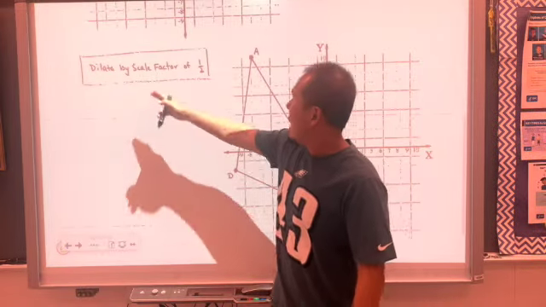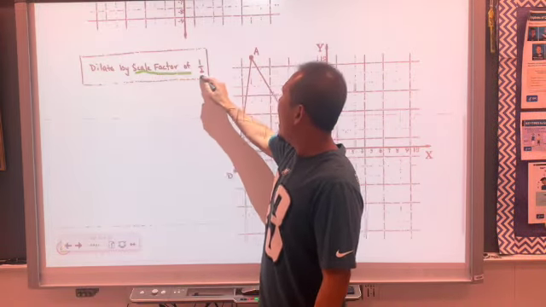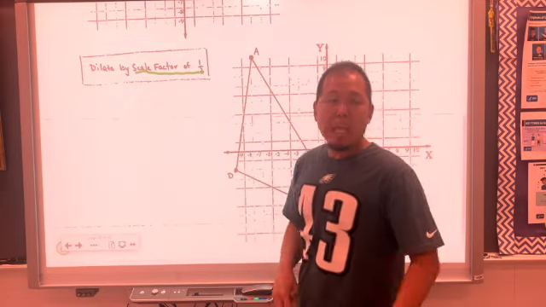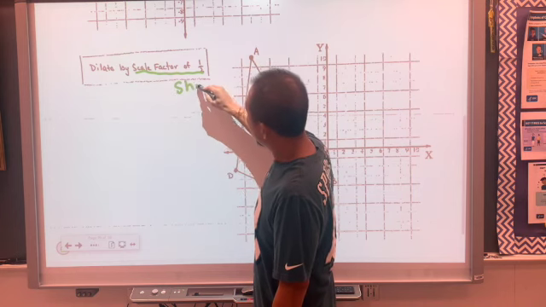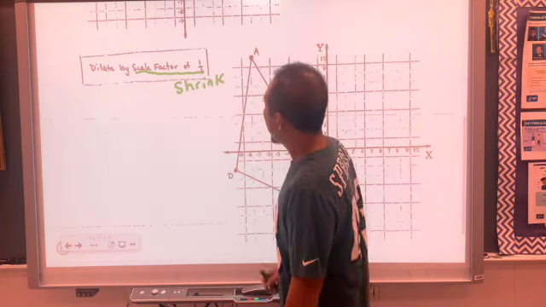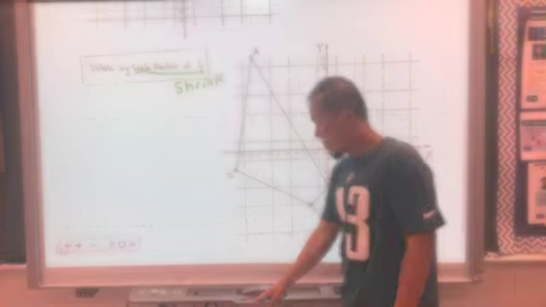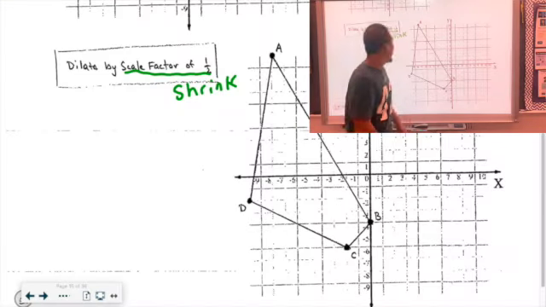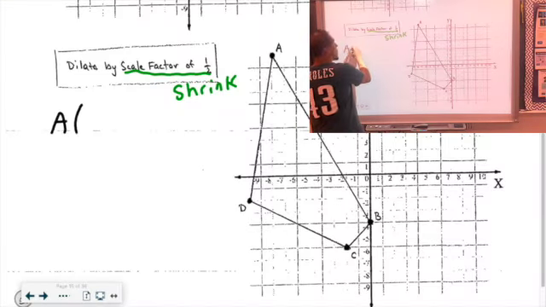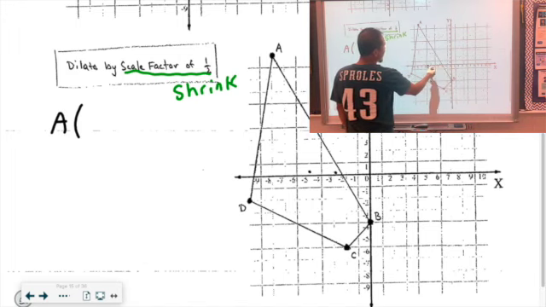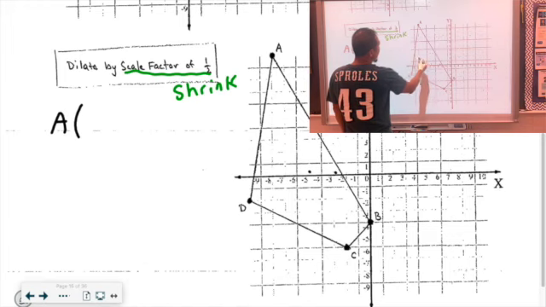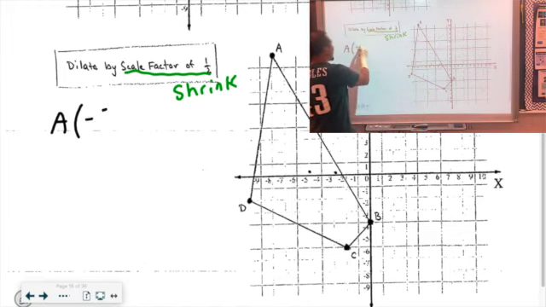All right, we're going to dilate by a scale factor of 1/2. And when this number is less than 1, that causes it to shrink. So let's look at our ordered pairs. A is -8, 10.